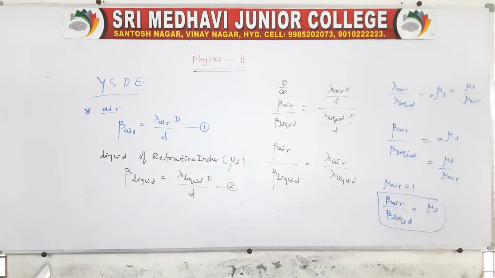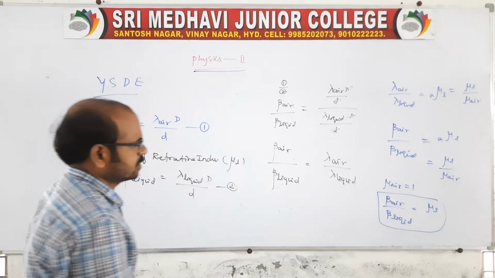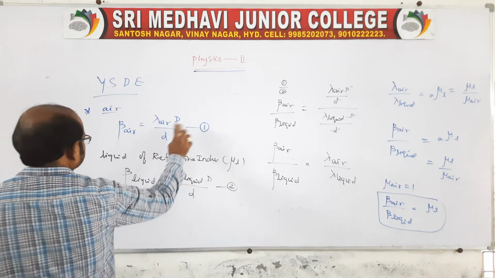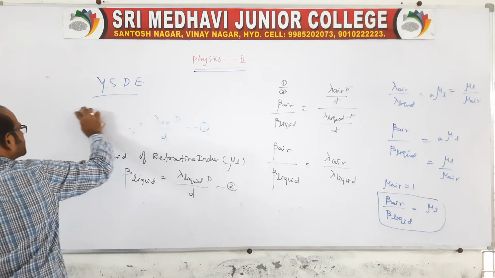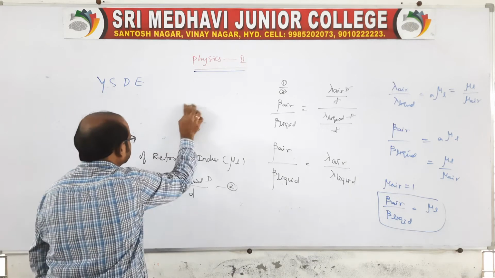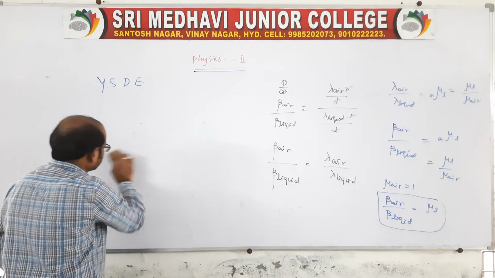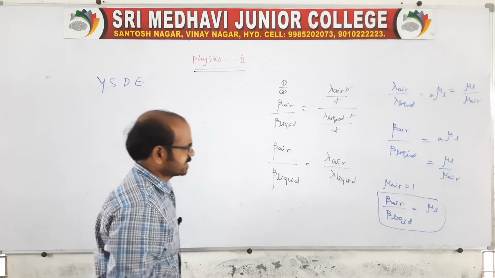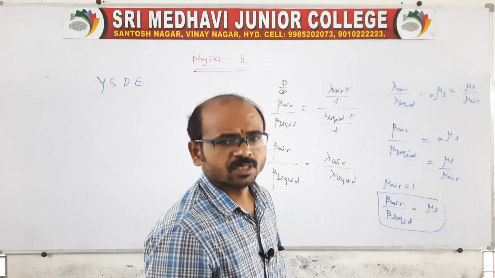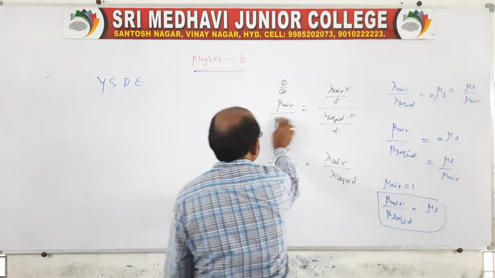It is the relation for when the apparatus is placed in different media like air and liquids. This is one condition of Young's double slit experiment. On the basis of this, we have some problems in the material and in our Telugu Academy textbooks. That's why we have to derive all these expressions. We cannot do it directly, right?